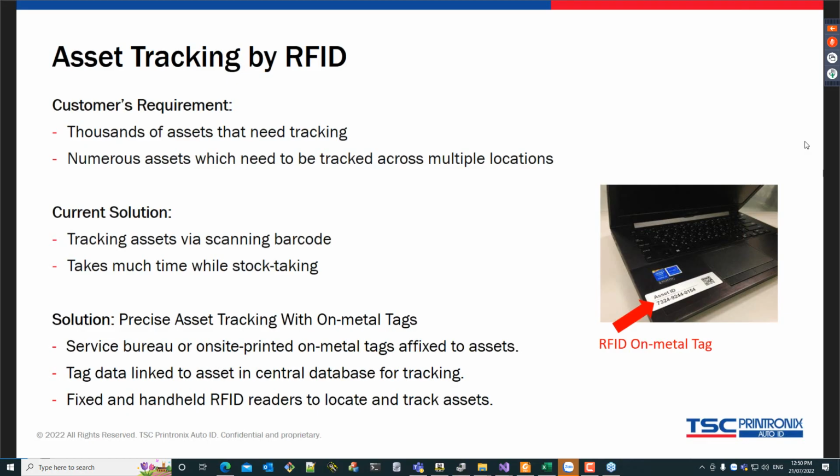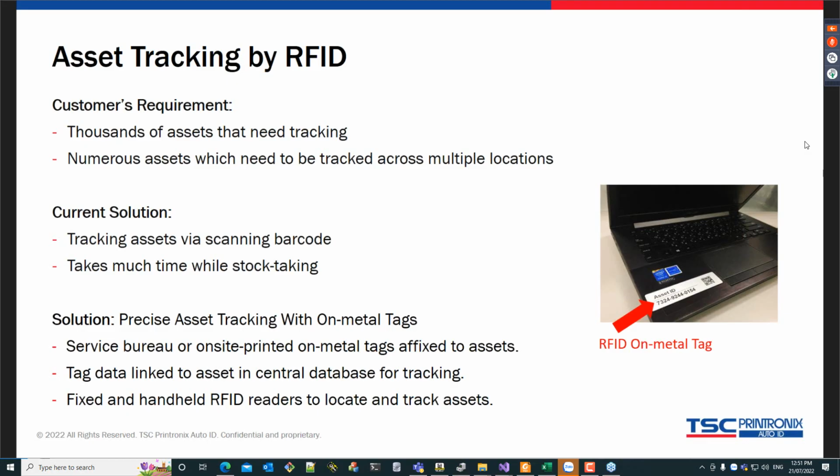We can have precise asset tracking with on-metal tags or even standard tags. For example, as you can see on the right-hand side, there's a personal laptop, and on this laptop we have pasted an RFID on-metal tag.